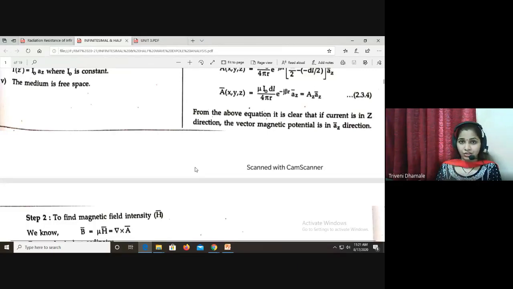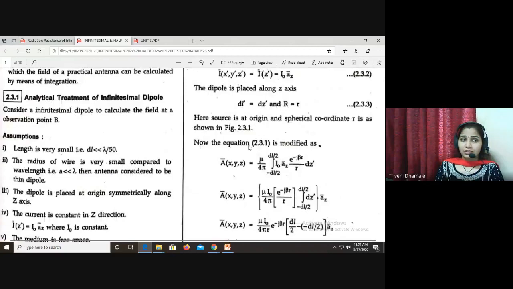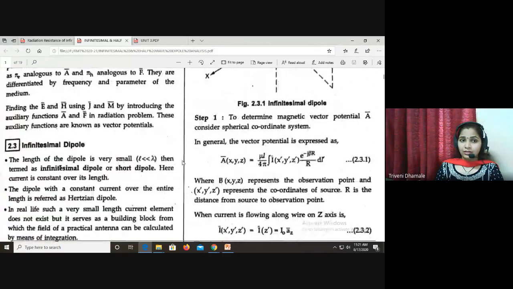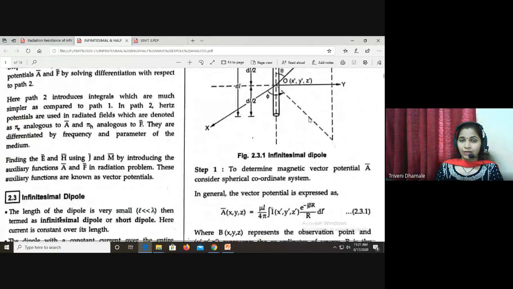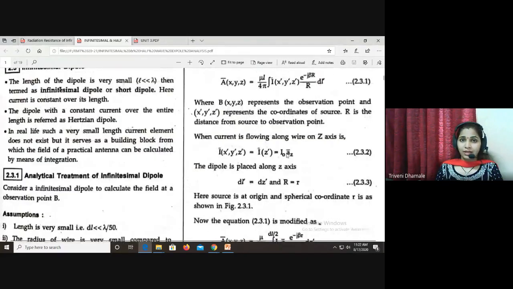Okay, radiation resistance. And suppose to find it, with a diagram of the infinitesimal dipole, through the radiation. Generally the questions are on radiation resistance. Okay, but it is in the syllabus. Complete analytical treatment of all these 4 dipoles is given, so any type of question can come in the exam.